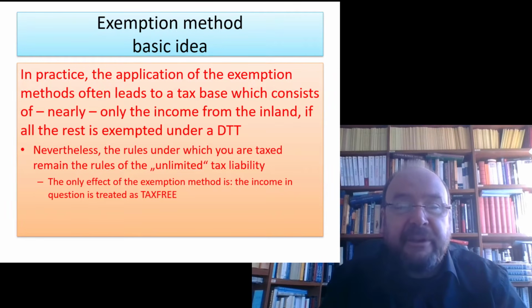The only thing which the exemption method does is this: you are an unlimited tax liability taxpayer, and only parts of your worldwide income are declared tax-free.